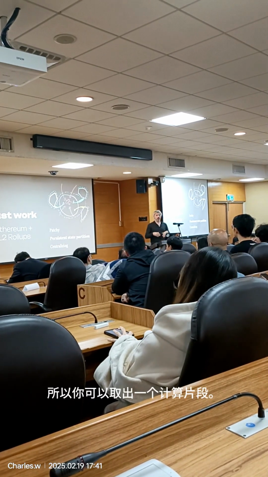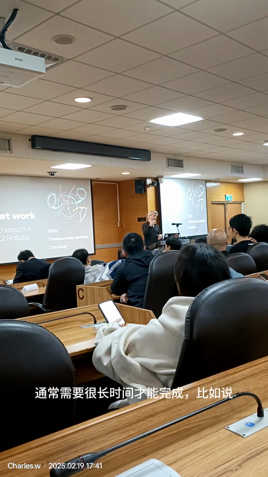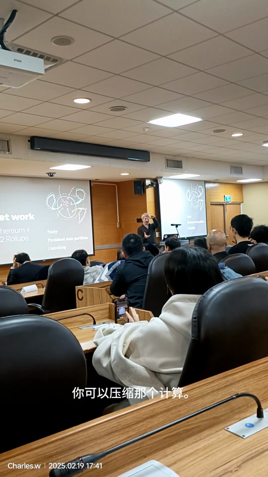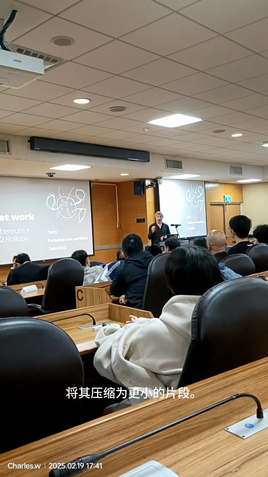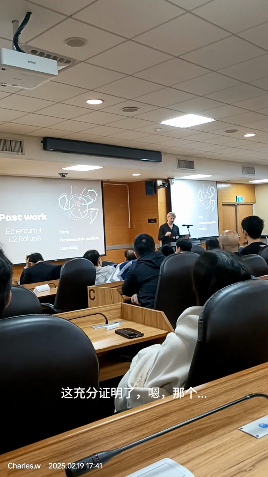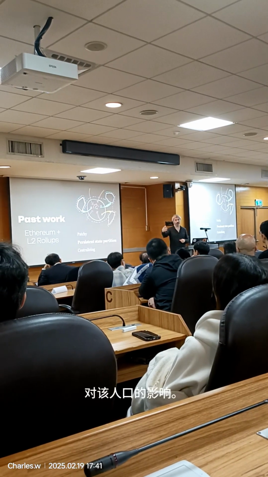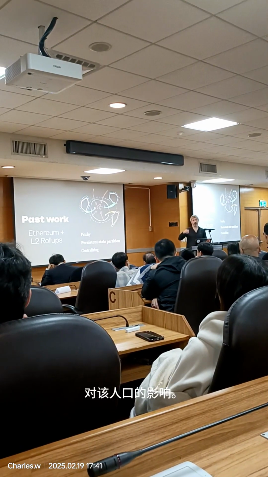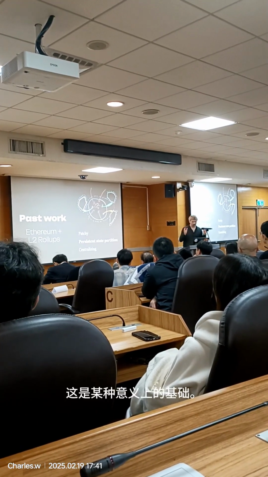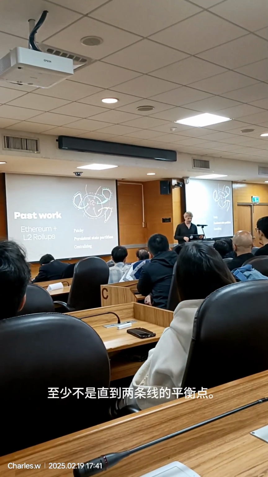So you can take a piece of computation that would normally take quite a long time to do, like for example, validating a block, and you can compress that computation into a much smaller piece of computation that demonstrates, beyond reasonable doubt, the ramifications of that computation. And this is the basis for, in some sense, at least it was until a month or two back, scaling Ethereum.